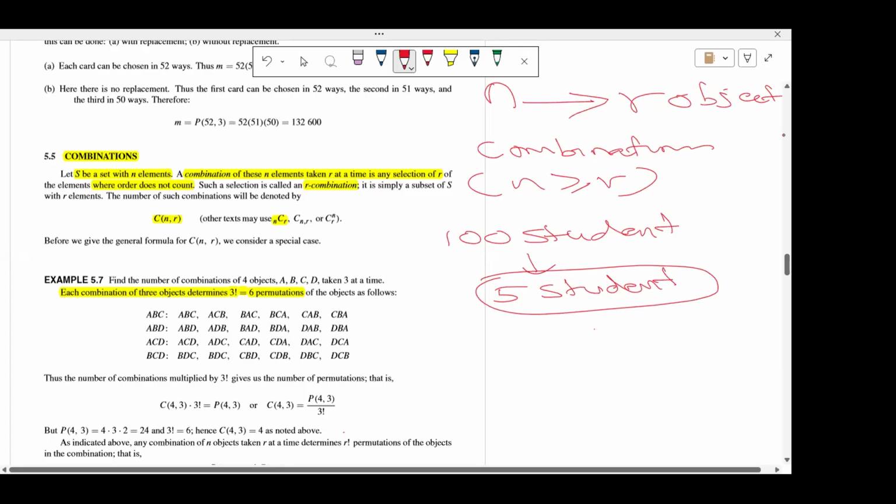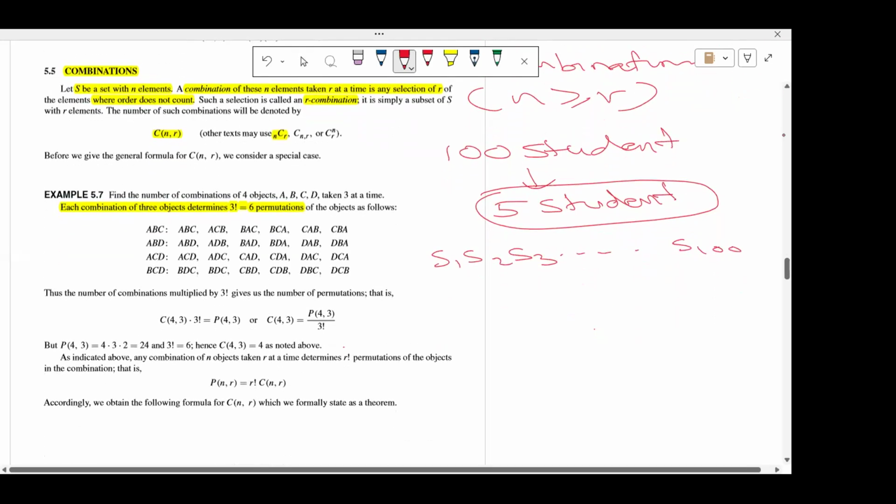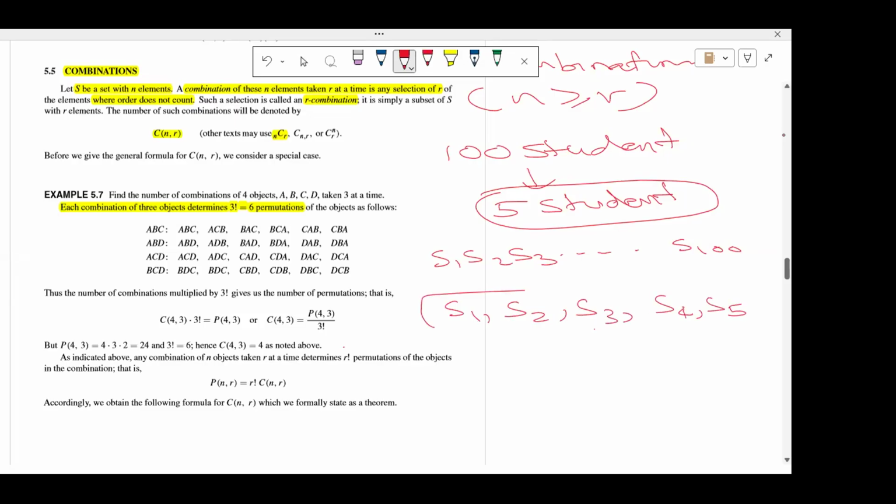Let's say you order the students S1, S2, S3 up to S100. Just think I'm identifying each student as S1 up to S100. Now, if I make a student group S1, S2, S3, S4, S5, this is my group.